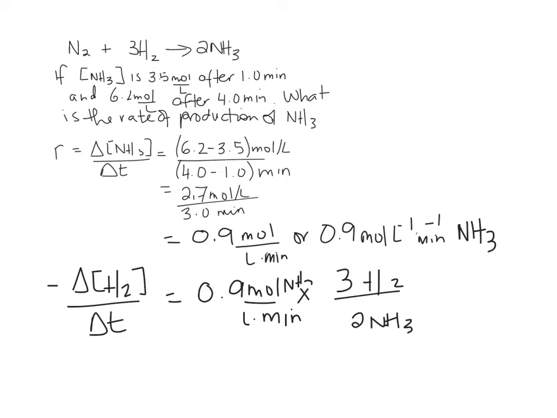So you're going to times it by 3 and divide it by 2. So what do you get? 9, 18, 27 divided by 2. 1.35.